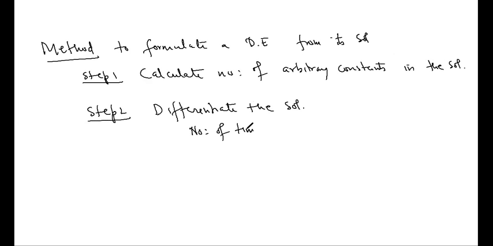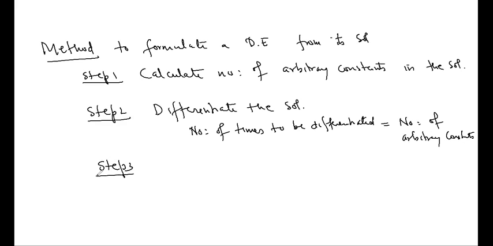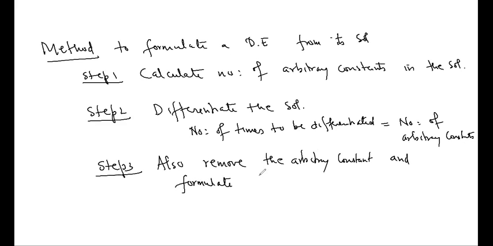Number of times to be differentiated is equal to number of arbitrary constants. Step number 3. Also remove the arbitrary constants and formulate the differential equation.